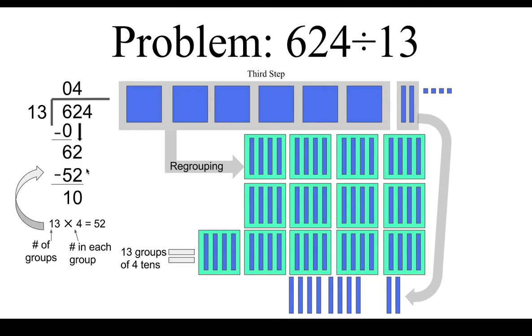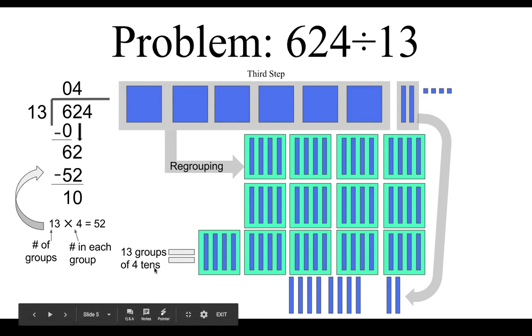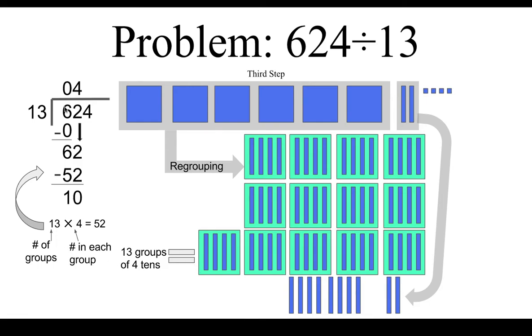So in the third step, we can then break up the 62 into 13 groups. And according to this model, we find that you get 13 groups of 4 10s. So you can indicate that on the algorithm by putting a 4 up here and then the 13.